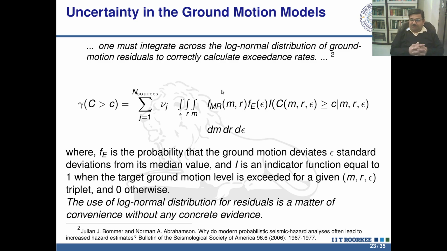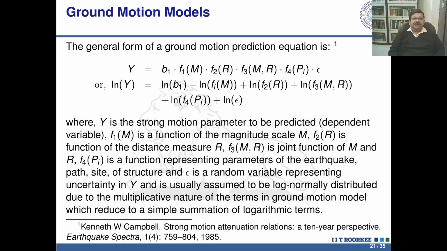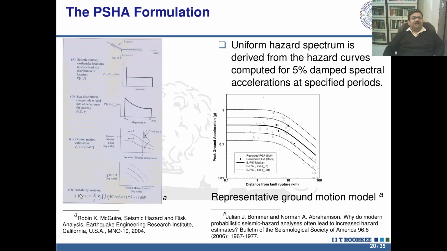Now comes the problem that I was referring to. Here you saw the probability calculation was just a summation and two integrals with respect to the magnitude and distance, right? And summed over all source zones. So that is what gives you this.